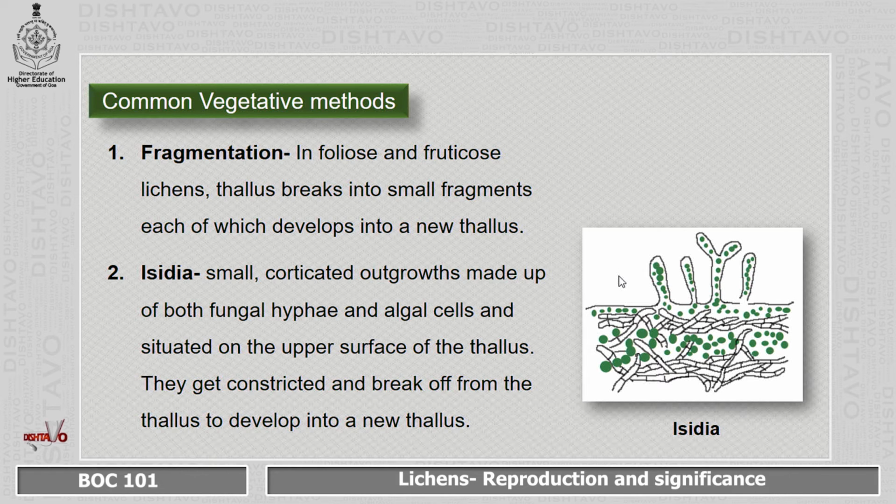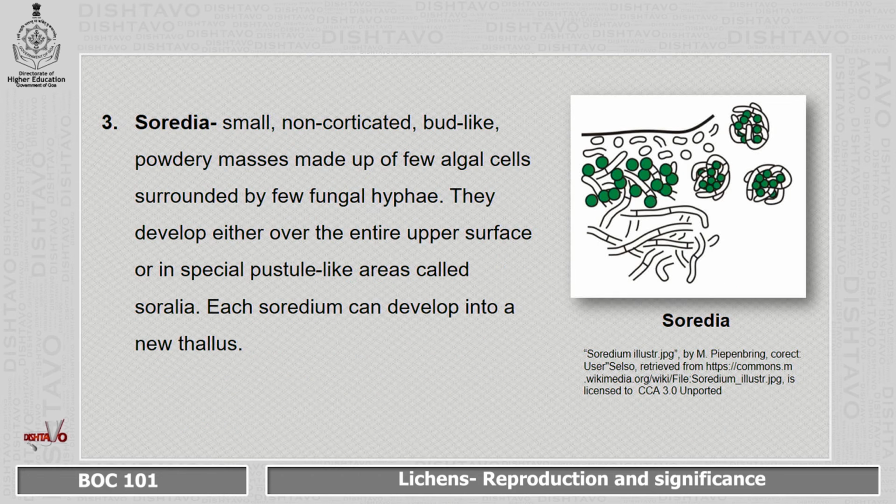The next common vegetative method is formation of soredia, singular soredium. Soredia are small non-corticated bud-like powdery masses made up of few algal cells surrounded by few fungal hyphae.